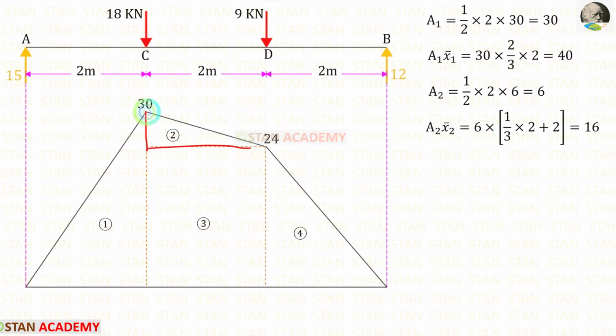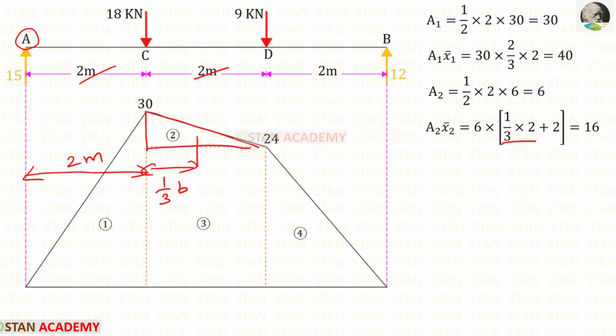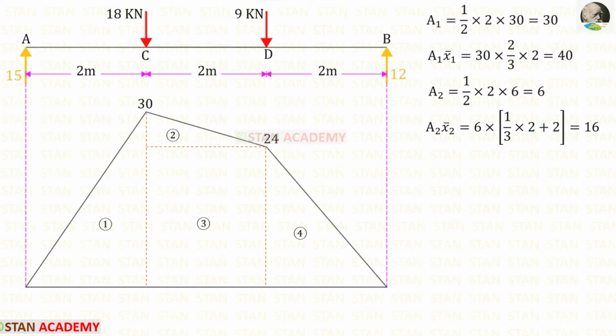For this triangle, the centroidal distance towards the left is 1 by 3 into B. Here B is 2, so 1 by 3 into 2. But we are finding the centroidal distance from the point A, so we have to add the remaining distance. The remaining distance is 2 meter, so we have to add that. Finally, for area 2 x2 bar, we are getting 16.